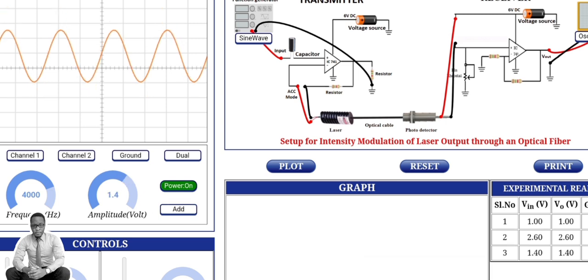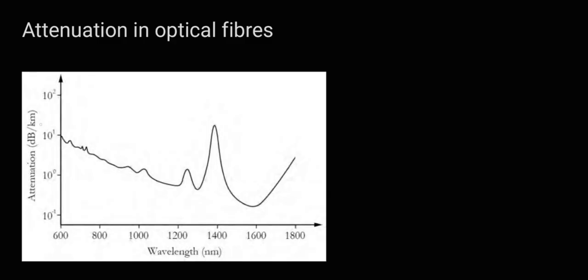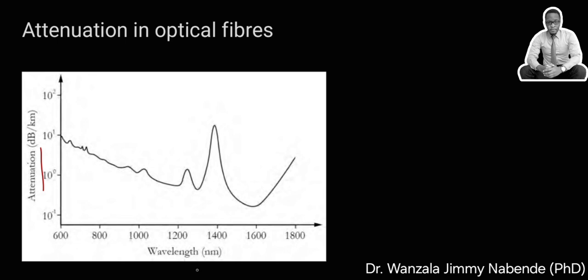So we shall record the different values and get different data points, and then we shall plot and get a graph. This is the graph we get of attenuation against wavelength.